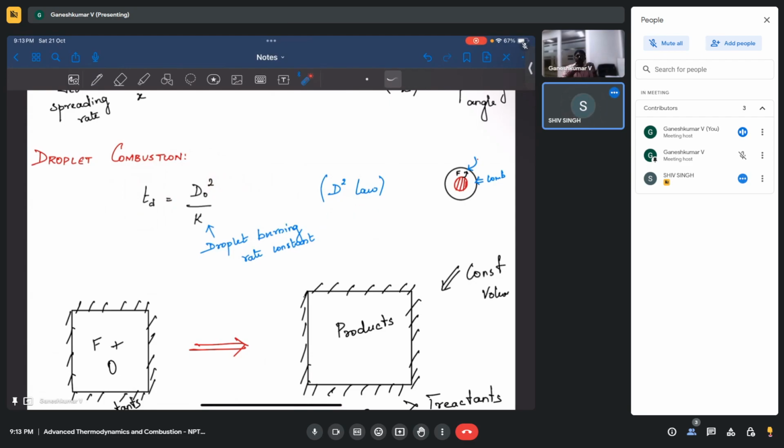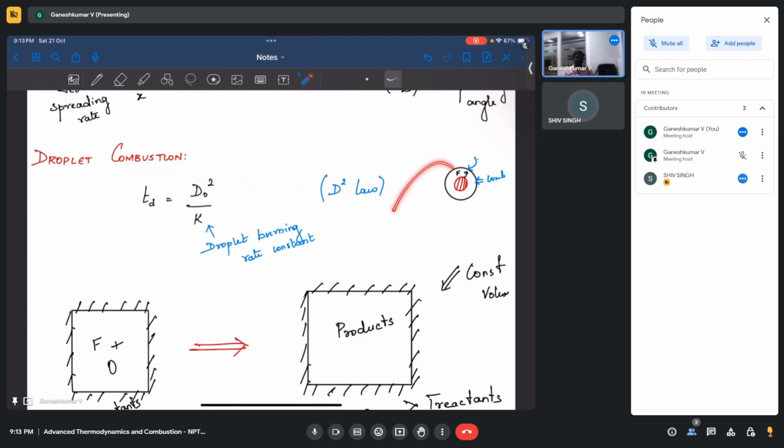So you do not want the droplet lifetime to be more, because you want to combust as soon as possible, right? So you will atomize your diesel droplets into very small sizes, such that the droplet lifetime will be less, let's say a droplet lifetime of milliseconds. That is what we require.